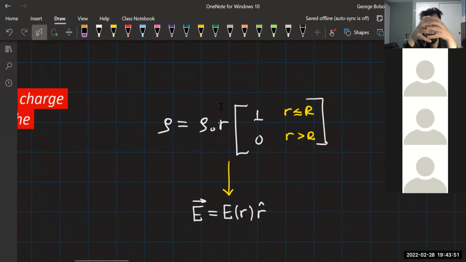You need to think of it as adding up little shells, and each shell will contain a different amount of charge, and you have to integrate that. Versus if you had a constant charge density, you could just multiply the density by the volume of the cylinder and get the charge enclosed. It's a very different process here. Oh, okay.